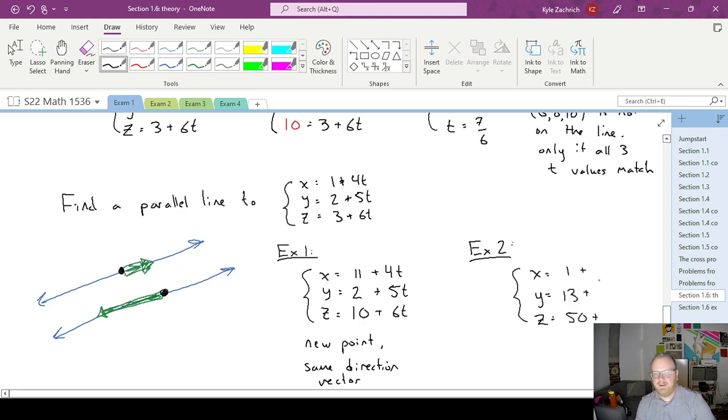I'm going to go with a negative version of that. I'm going to say -8t, -10t, -12t. Right. So you can see how I've got this 4, 5, 6 here. I just multiplied that by -2. So here I've got a new point, 1, 3, 50, and I've also got a parallel direction vector.